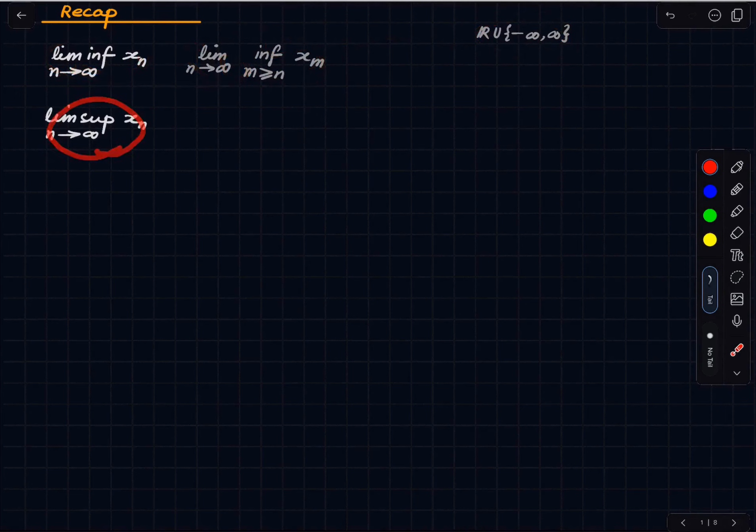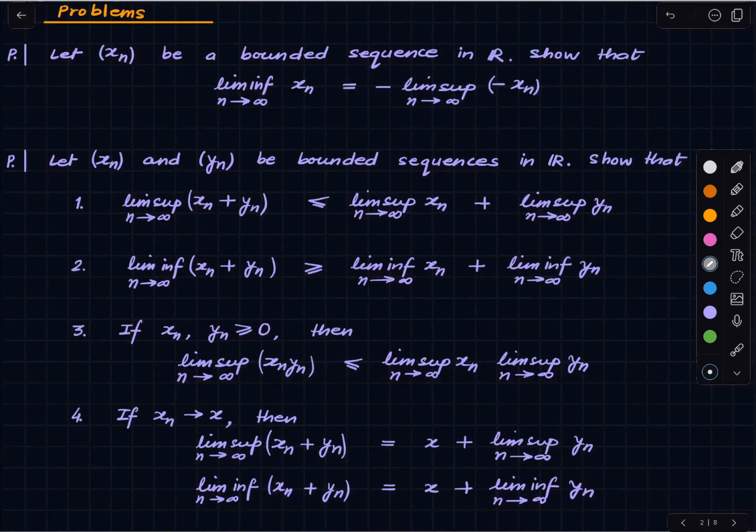Similarly, we have the notion of limit superior, which is this thing. Okay, we saw this, and let us move on. Let's not spend more time here. Here are some problems for practice.